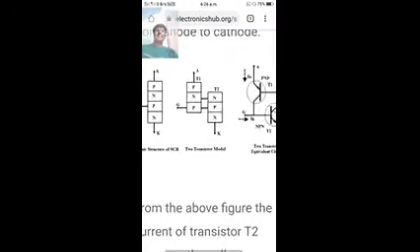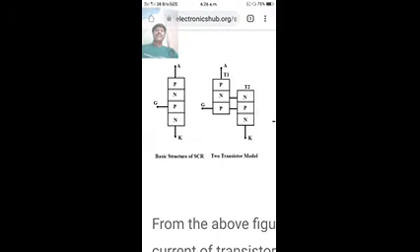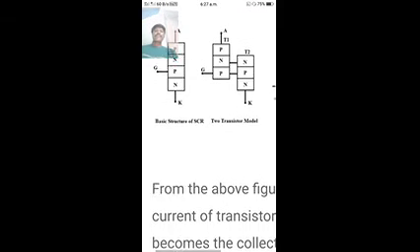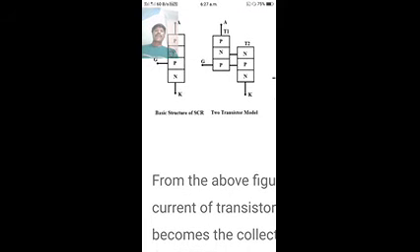See this figure. The middle N and P layers are common to both transistors. The outer P layer and the outer N layer belong to individual transistors.